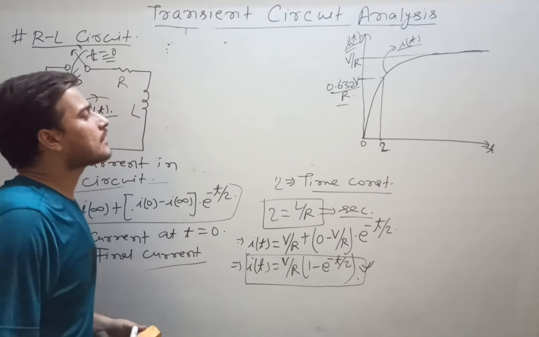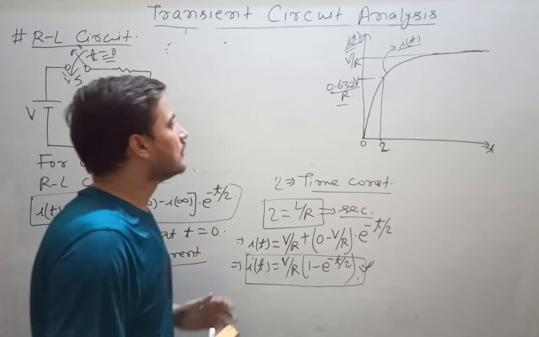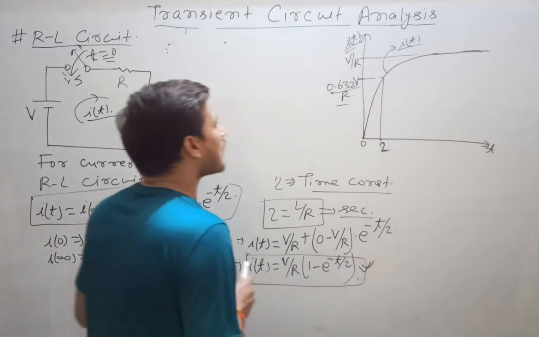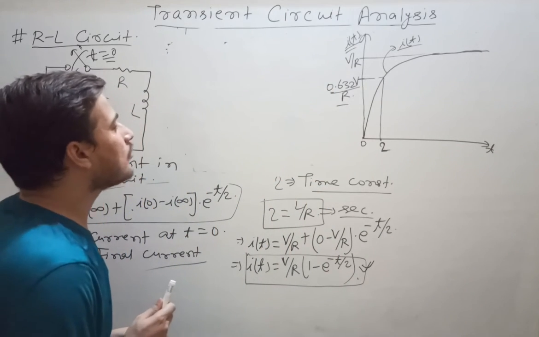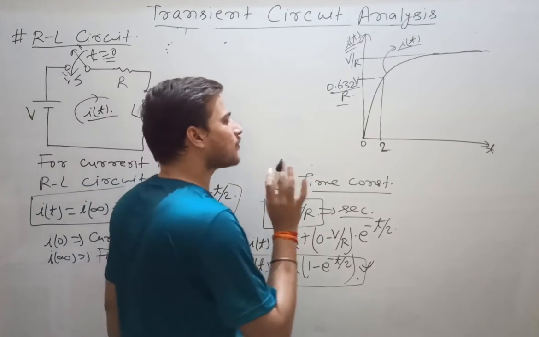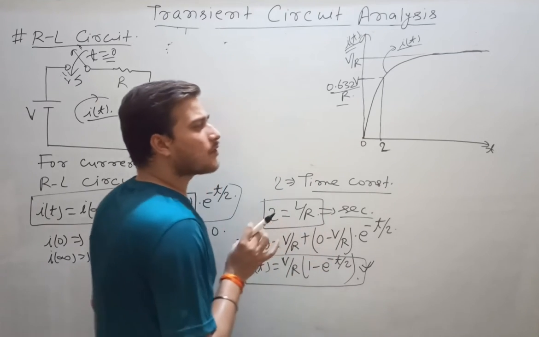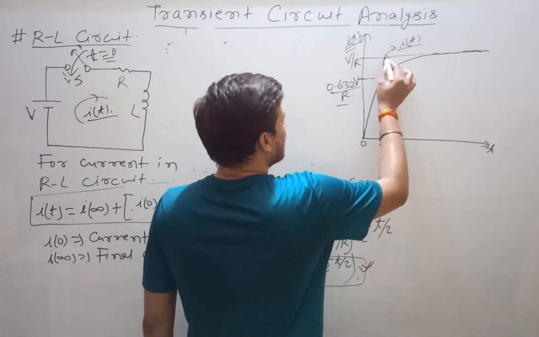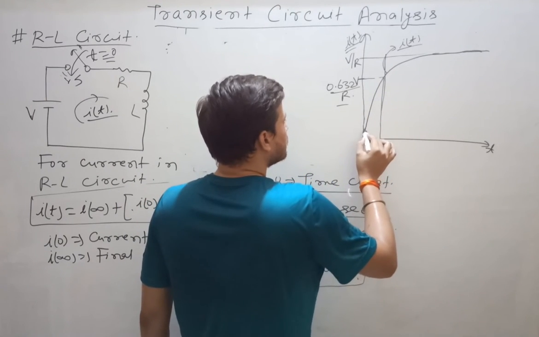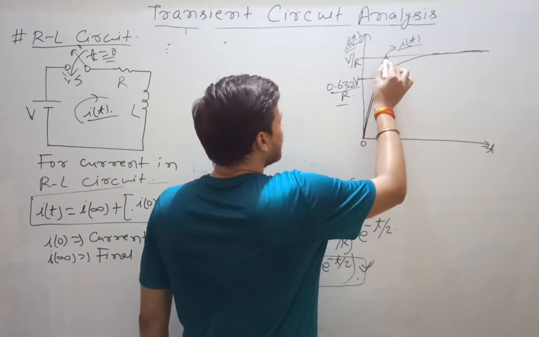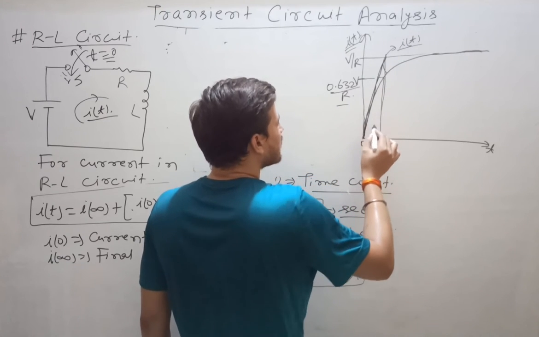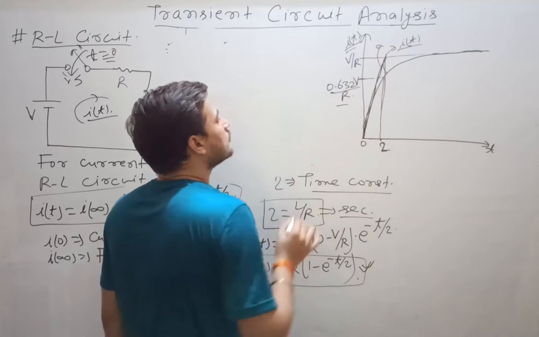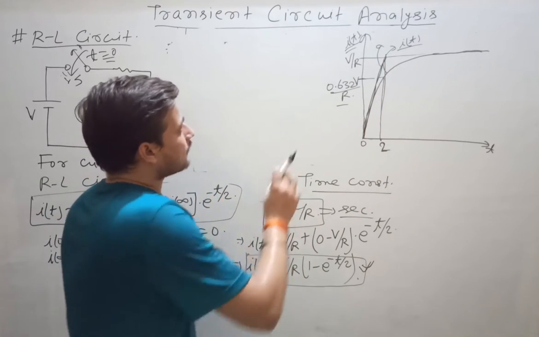At the same time, if somebody asks you how you will define the time constant if the graph is growing linearly, that is a very important point for interview purposes. If the graph is growing linearly, then the time constant is defined as the time taken to reach the final value.